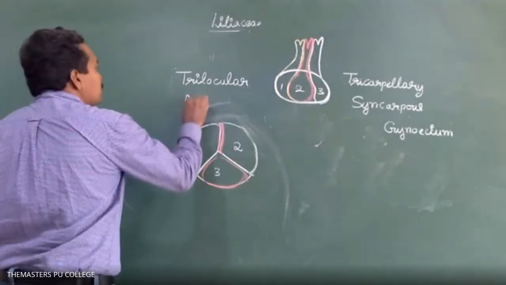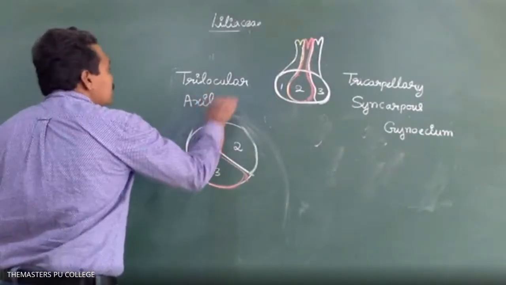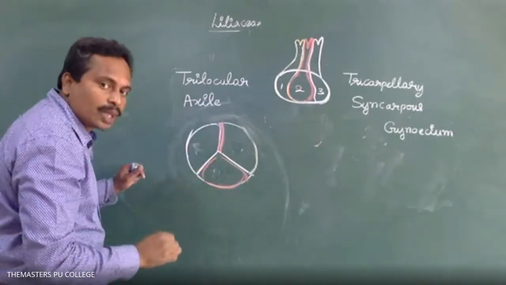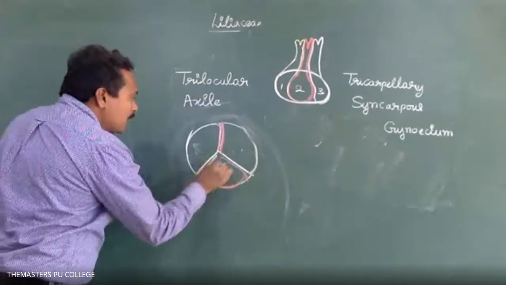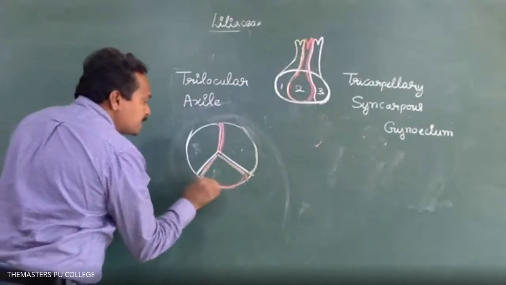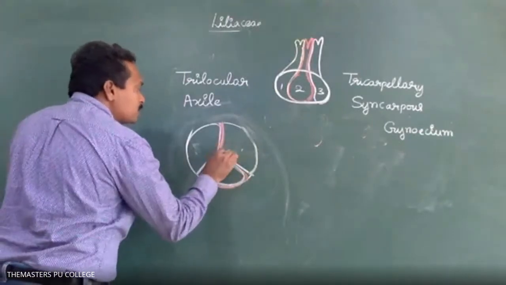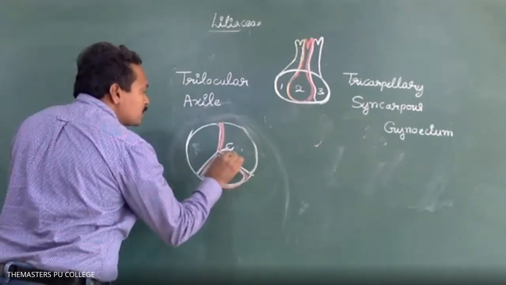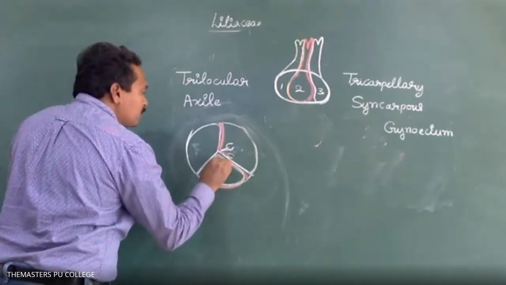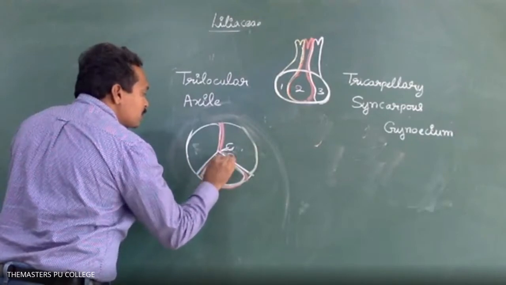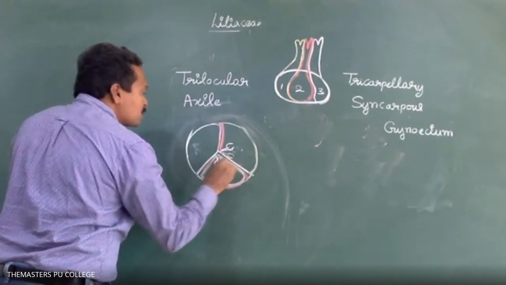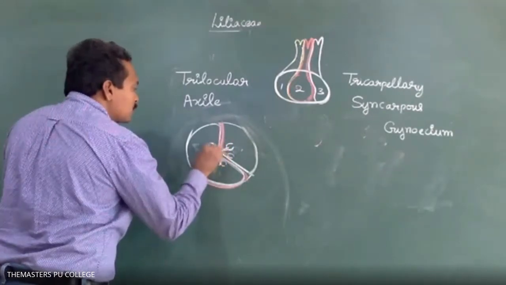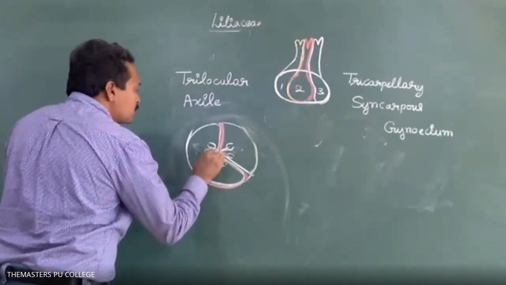Axile. In axile placentation, the ovules arise from the axis region of the ovary.